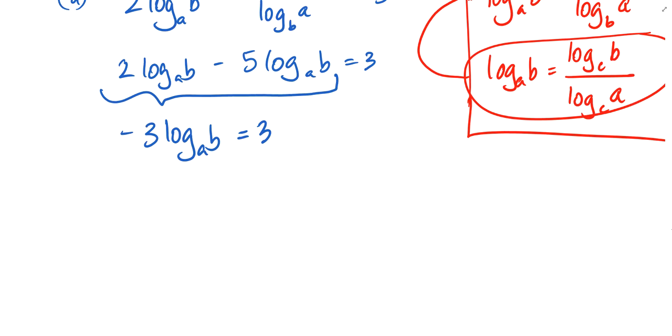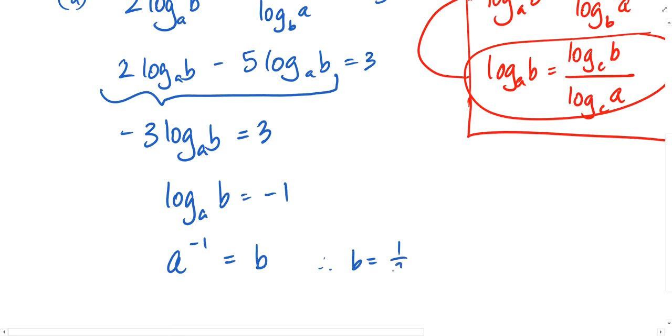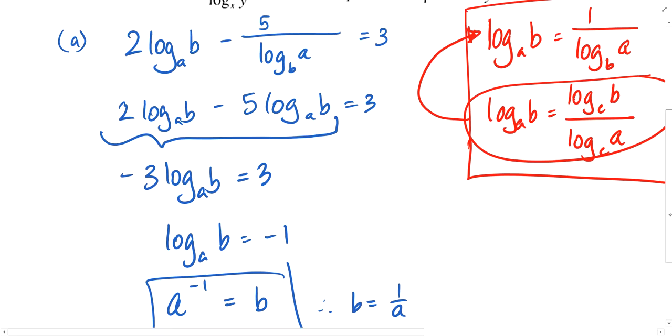Divide by negative 3. Okay, log a b equals to negative 1. What next? a to the power of negative 1 equals b. So b equals 1 over a. Okay? You can leave it like this, unless they specify they want positive indices only. Then you must change it to 1 over a.